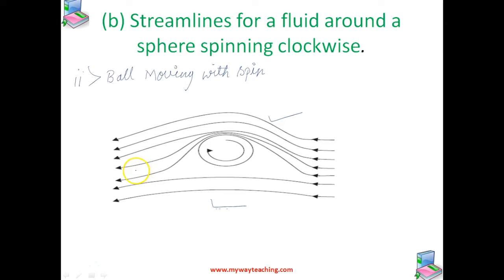The dynamic lift due to spinning is called the Magnus effect.